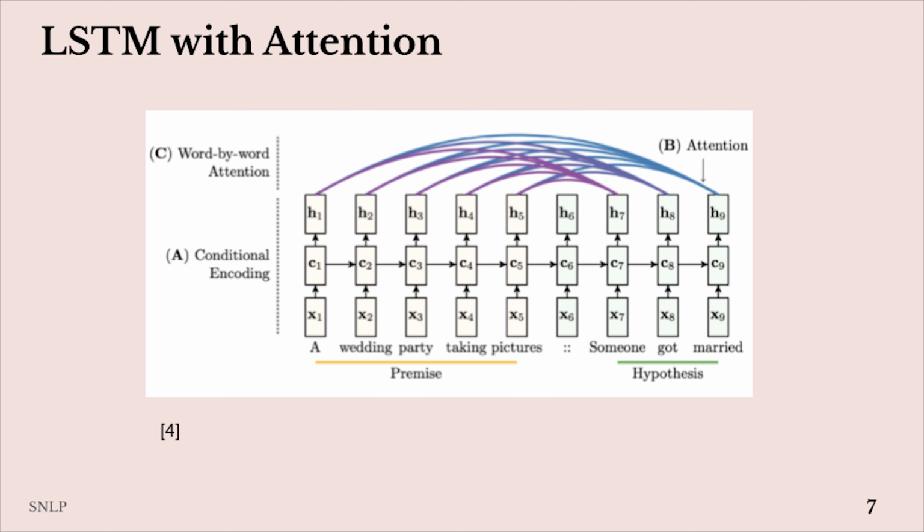At last, we implemented word-by-word LSTM with attention. Instead of encoding the input sequence as a single fixed context vector, the model learns how to generate a vector based on context for each output timestep. After the first LSTM encodes the premise, we preserved all the outputs at every timestep to calculate the attention between the premise and the hypothesis.